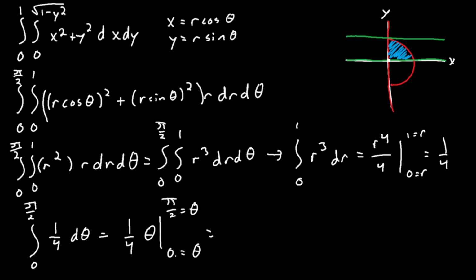If you just plug in 0, nothing happens, so all you have to do is plug in pi over 2, and then you get pi over 8 when you multiply 1 over 4 by pi over 2. So this right here is our double integral value for this quarter circle of the function x squared plus y squared.